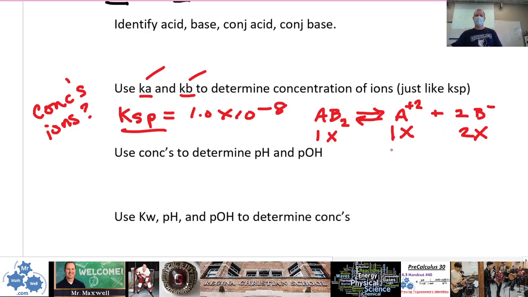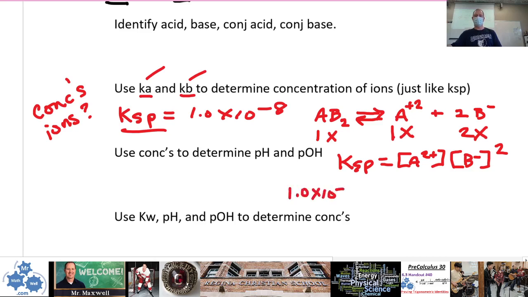So what we do from here is we understand that the KSP for this kind of thing is going to be the concentration of A2 plus, or A plus 2, times the concentration of B minus, that's going to be squared. Remember, with that coefficient there. So to fill that in, we go 1.0 times 10 to the negative 8 equals 1x here, times, now the B is 2x.